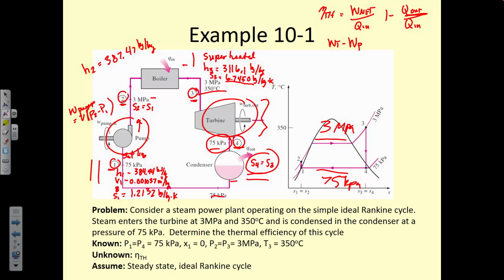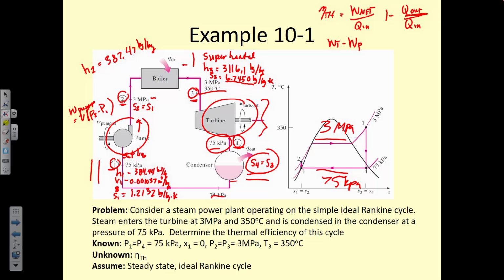But at state 4, coming out, we might still be superheated, but we might be a mixture. So we have to go to the table and find out if we're a mixture or still superheated. So even at 75 kilopascals, you're superheated? You could be superheated depending on the temperature, because that's sub-atmospheric pressure, so it doesn't take a very high temperature to boil it.